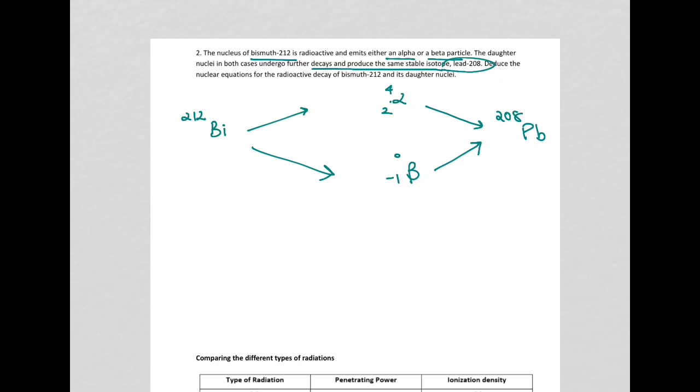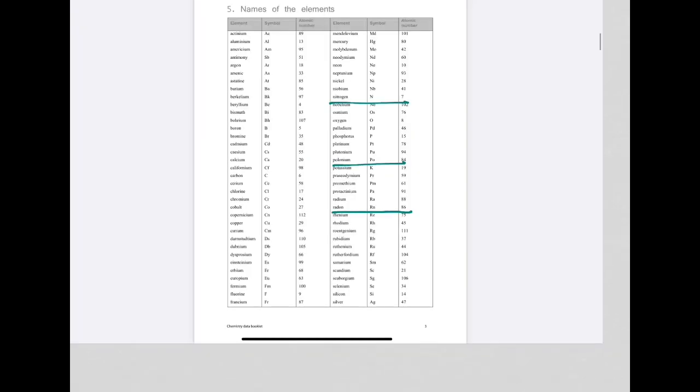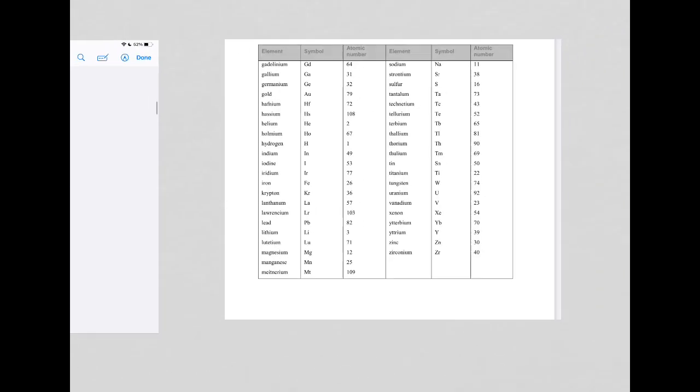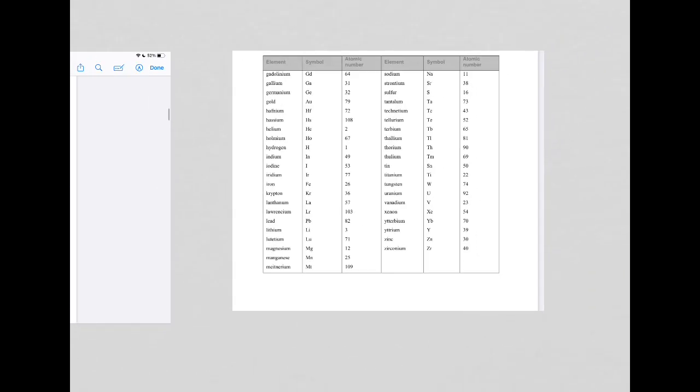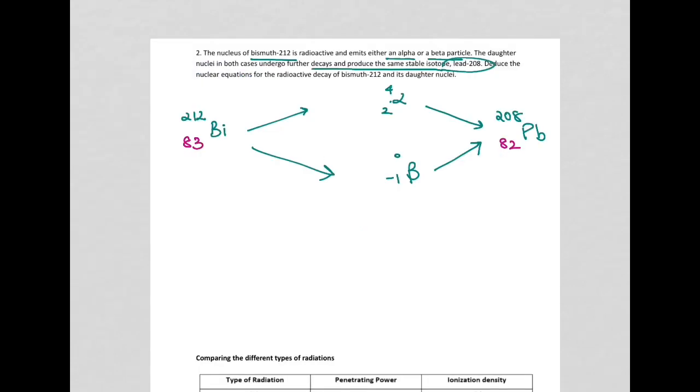So let's find the atomic numbers for bismuth and lead. I'm going to use section 5. This is in alphabetical order. So bismuth is 83, and lead is here. Lead is 82. Once we have this, I'm going to write the daughter nuclei from the first decay.